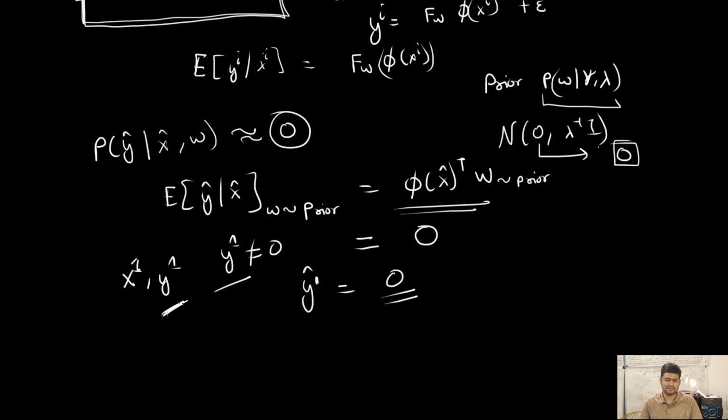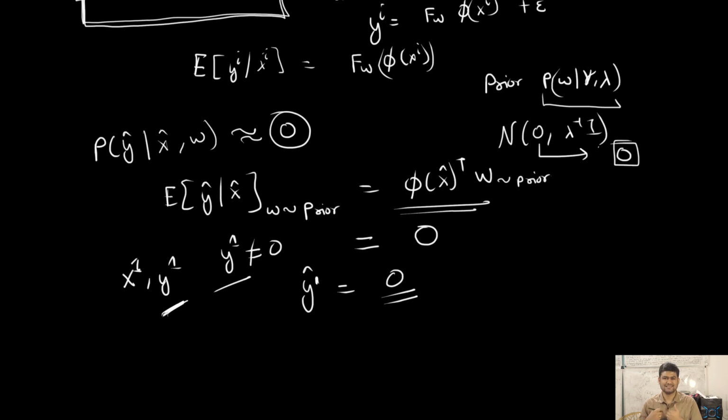But what you're observing in the data is that y1 is not 0. It means that our prior knowledge about w, although it says that the values of w should be smaller, is not that accurate. It means that the parameters w should be shifted away from 0, maybe to the left of 0 or to the right of 0, but not exactly 0.